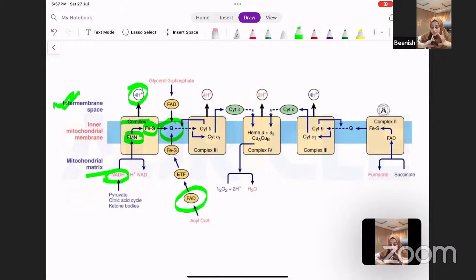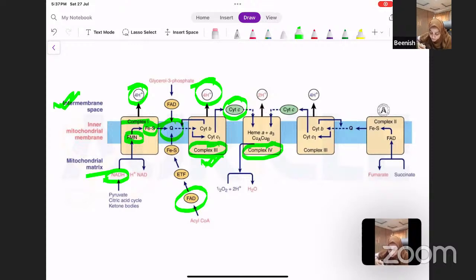Then coenzyme Q gives its electrons to complex 3, which also acts as a proton pump and pumps 4 protons into the intermembrane space for a pair of electrons transferred. From complex 3, the electrons are taken up by cytochrome C. Cytochrome C gives the electrons to complex 4, which has two copper centers and two heme centers.